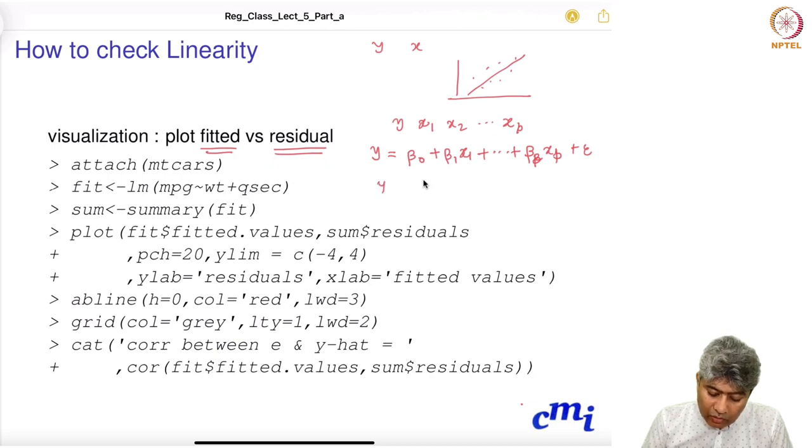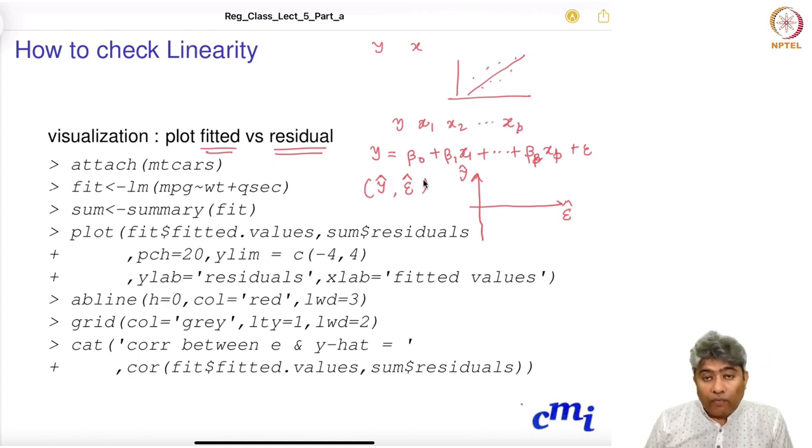From the fitted model you calculate the y hat and the epsilon hat, and then you plot these two, with the fitted values y hat on the x-axis and the residuals epsilon hat on the y-axis. If you do not see any pattern, then you can say that the linearity assumption is probably valid.